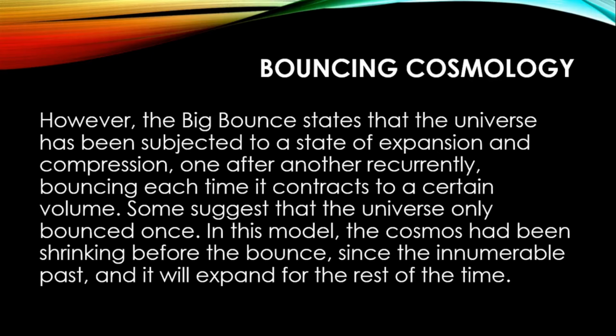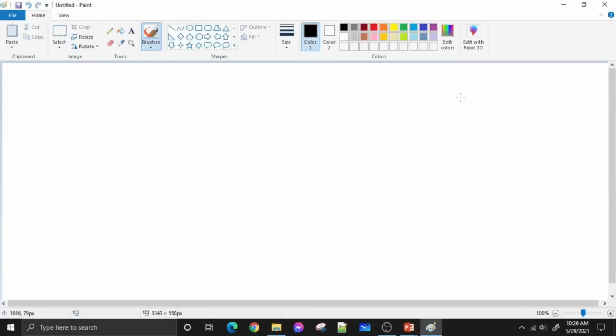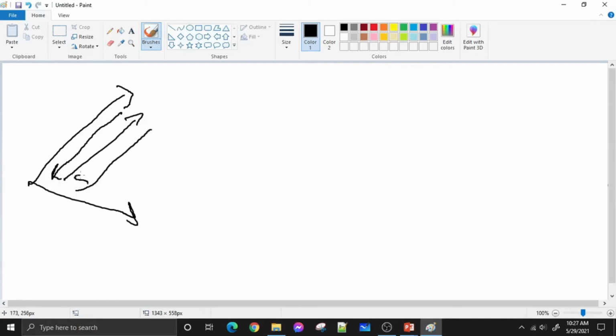This is almost the same but different from the oscillating universe theory. The oscillating universe theory is that it begins to expand and then implode and then explode again and then implode again in a cycle.